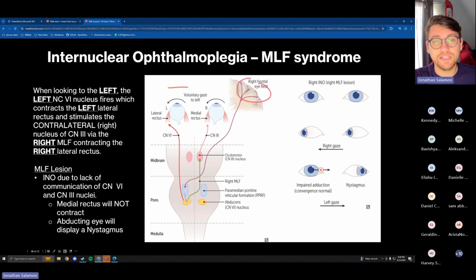Right brain, look to the left. Right brain tells your PPRF to the sixth nucleus to the third nucleus. Right eye looks to the left. So in the case of a seizure, you look away from the side that the seizure is localized on.